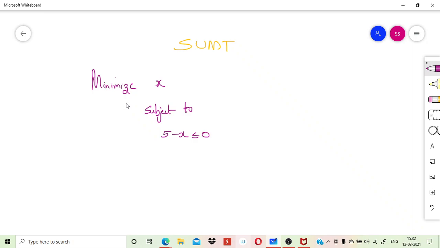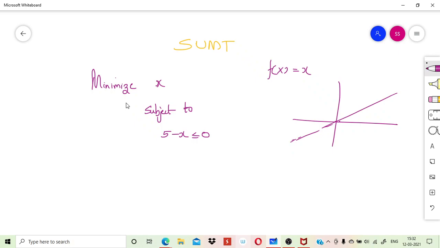So is this a convex programming problem? Let us check. The objective function here, f of x, is equal to x, like this.